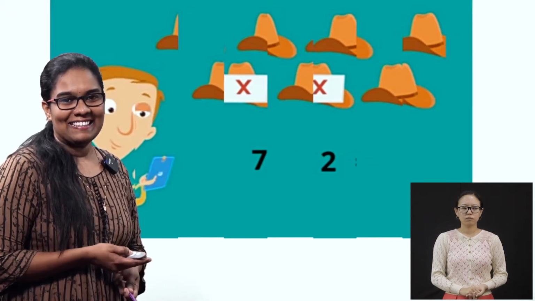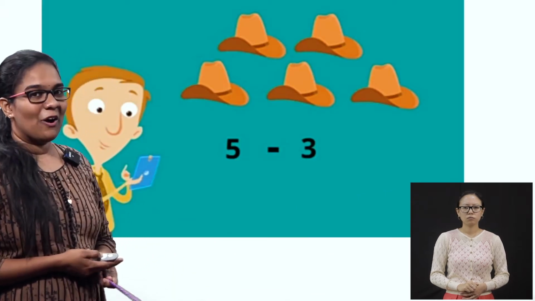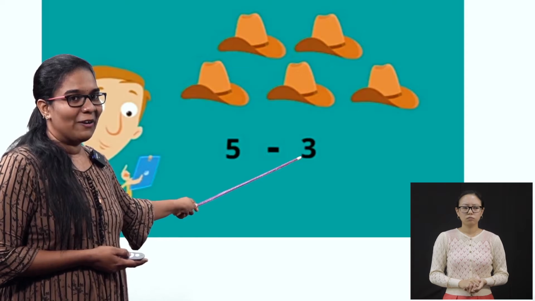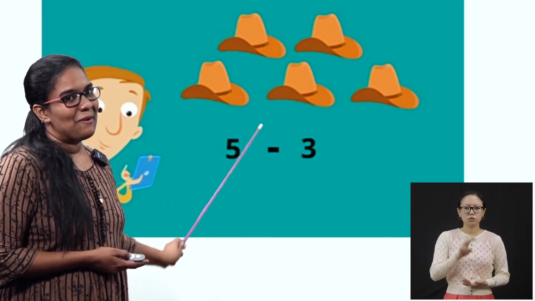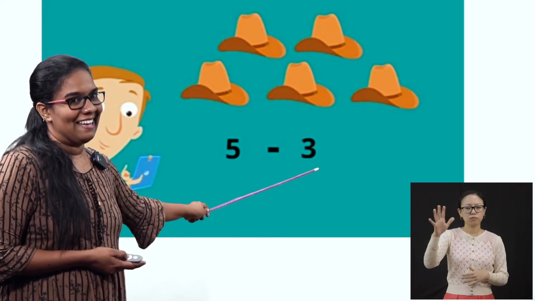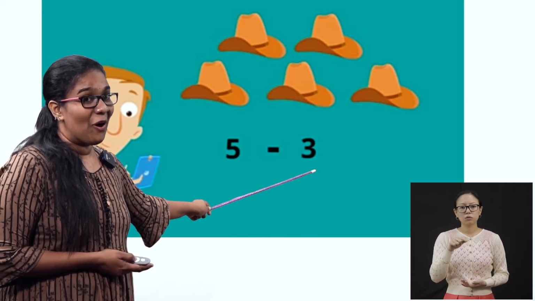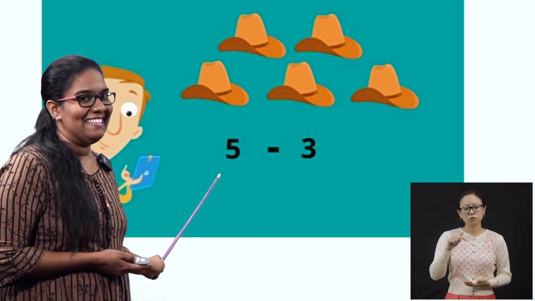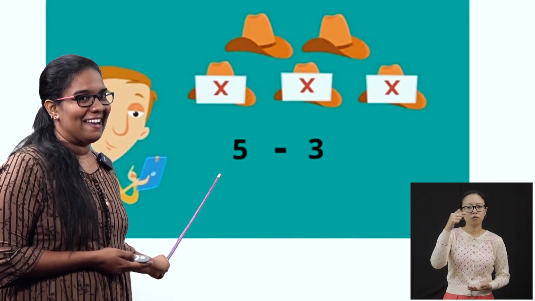Okay? Then tell me now how many hats are here? Count. 1, 2, 3, 4, 5. Now we are going to take away 3 hats from here, that is 5 minus 3.